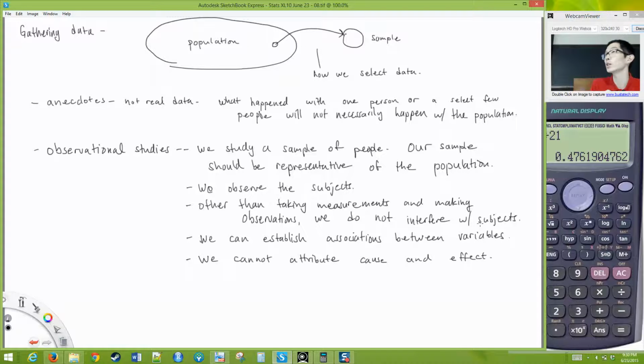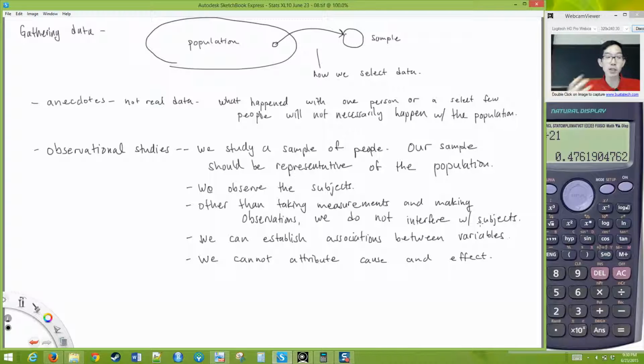There could be something else, what we call a lurking variable, behind it that actually causes both the disease and the vitamin D deficiency. We don't know. There could be something else going on that is causing what we happen to see.